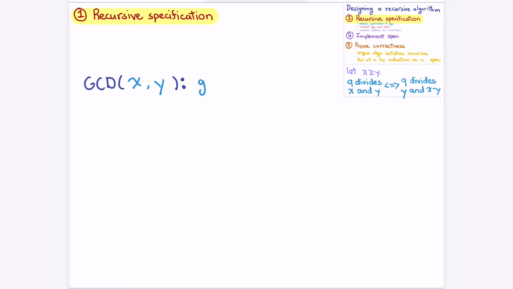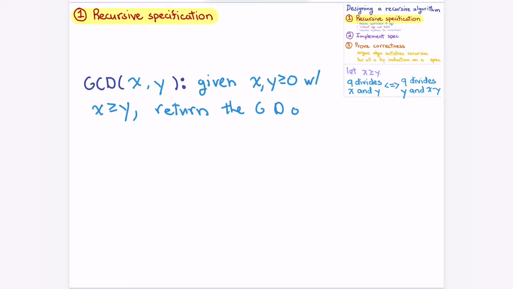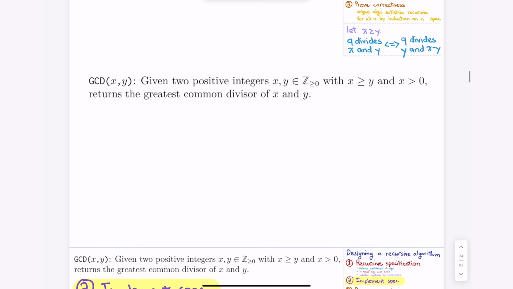So maybe given x, y, it's a little bit easier if I specify x to be bigger than y in terms of writing the code. Return the GCD of x and y. Most of these recursive specs are not super interesting, but they do a lot of work for us. And I'm assuming we all agree on the definition of greatest common divisor. Okay, so that's a recursive spec.